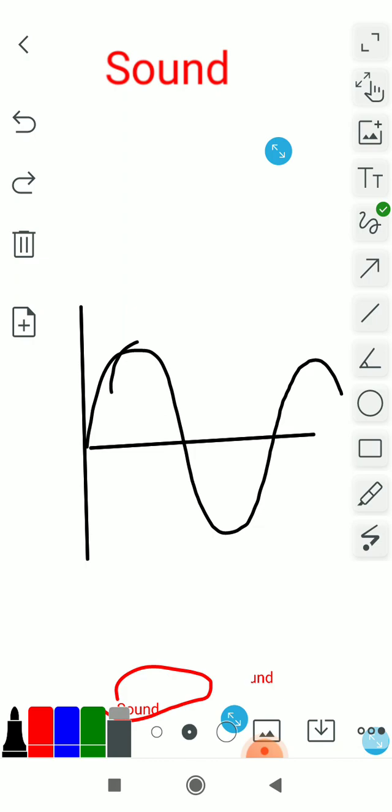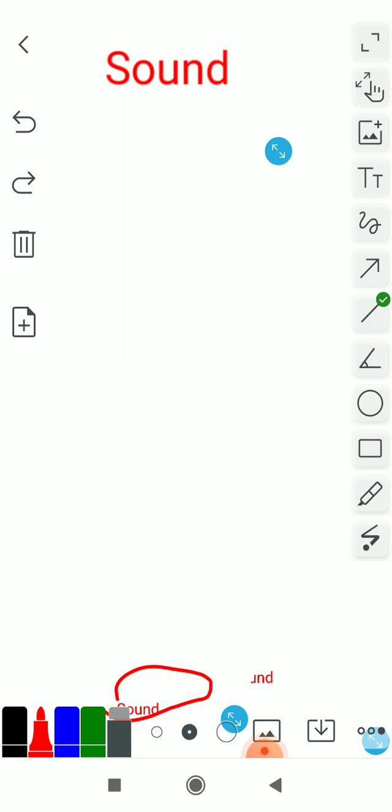Maximum displacement means this one. This maximum displacement about the mean position is known as amplitude.